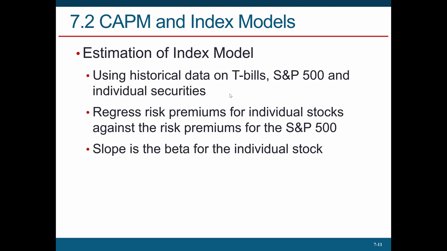So we have to make some adjustments to the basic model to get a version of the model that is useful in practice, that we can actually apply to real world applications. And that is what an index model is. It's basically a transformed version of the model that makes it operational, right? So we use some proxies here. For the risk-free rate, we use T-bills. We have talked about this before, treasury bills. For the market portfolio, we just use the S&P 500 for the US market.